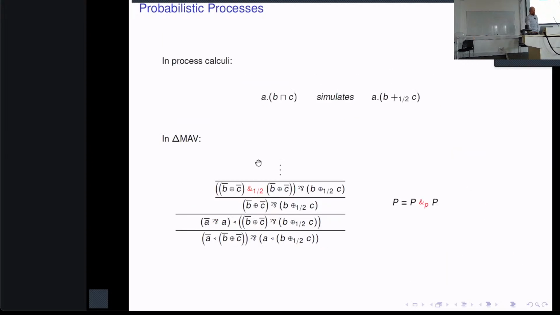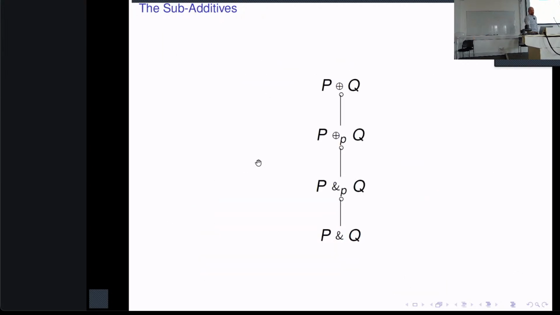It's quite nice that some atoms sometimes sit between the additives. In fact, there are infinitely many of them, because I can give a red one, I can give a blue one, I can give a probabilistic one, and so on, and none of them will imply each other. Unless I add further properties, there's potentially even a whole lattice structure of these additives, in contrast to the standard additives, which are unique.